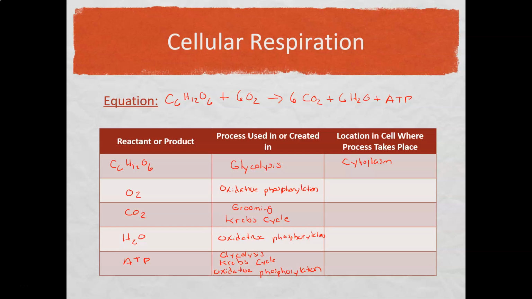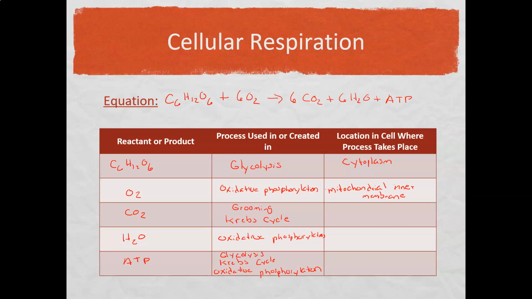That oxidative phosphorylation takes place in that mitochondrial inner membrane. It's going to serve as that final electron acceptor at the end of that electron transport chain.